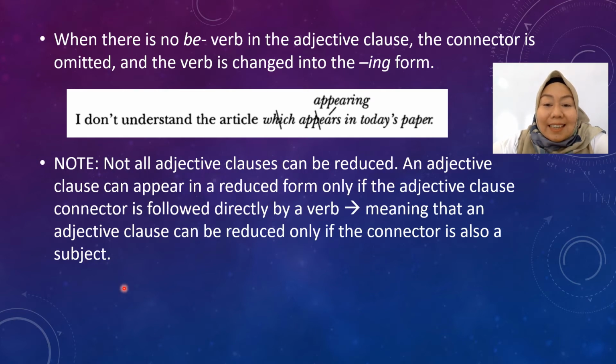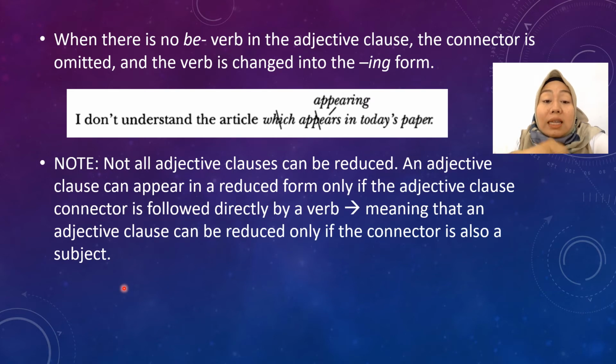You already learned in the previous skill that there are adjective clause connectors that can also function as subject, right? So it not only functions as the adjective clause connector, but it also functions as the subject of the sentence.